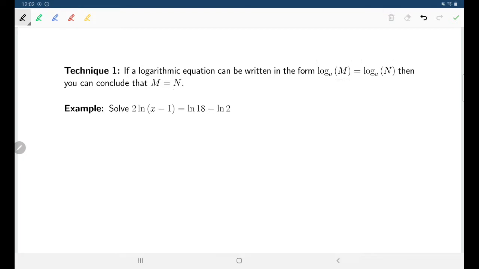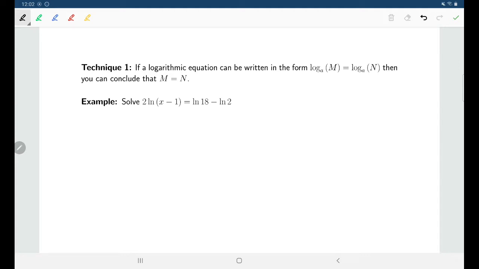So if you have two logs that are equal to each other, then the insides for those logs must be equal. Now, of course, that means that you might have to do some things first before you get it into this form of one log equal to another.